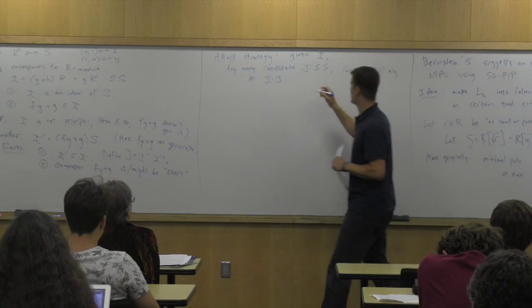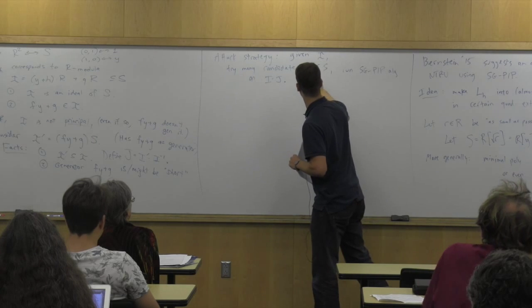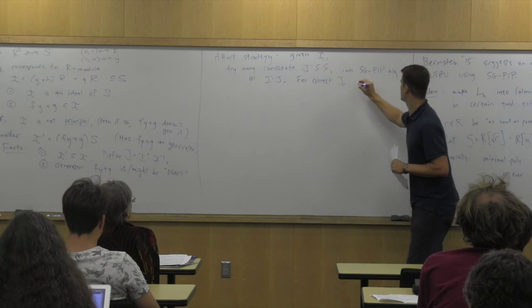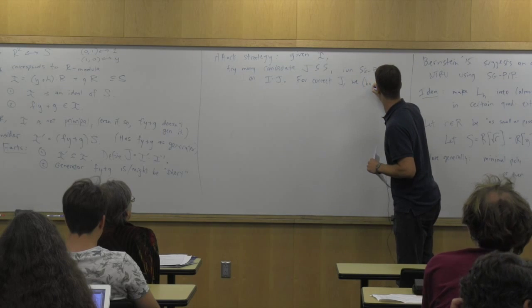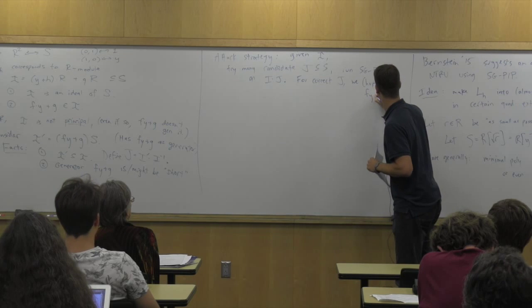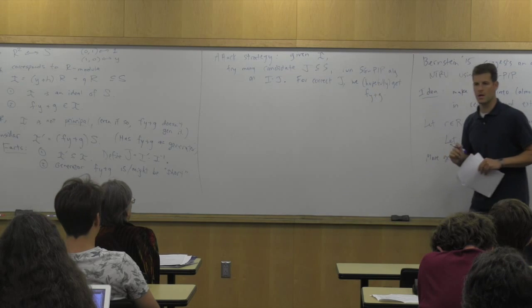But when we get the correct J, we hopefully get Fy plus G, and then we've got our secret.